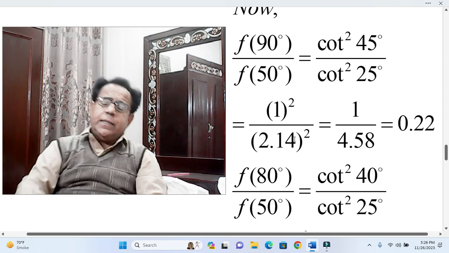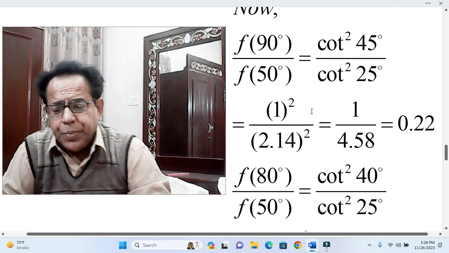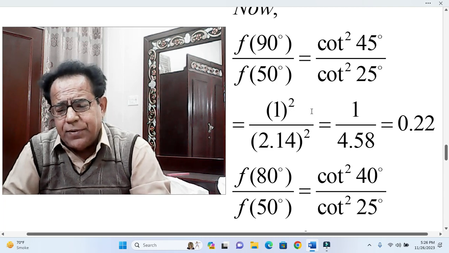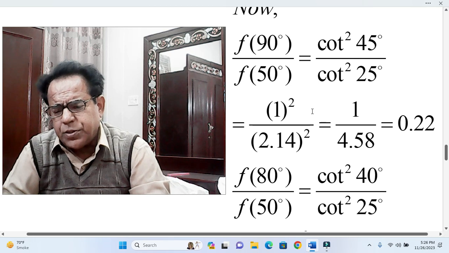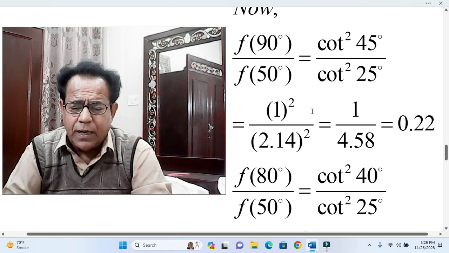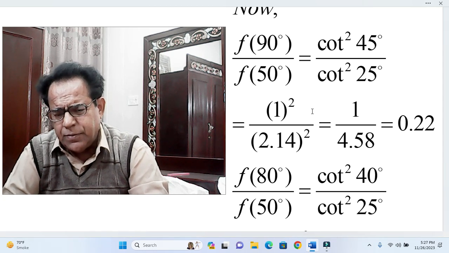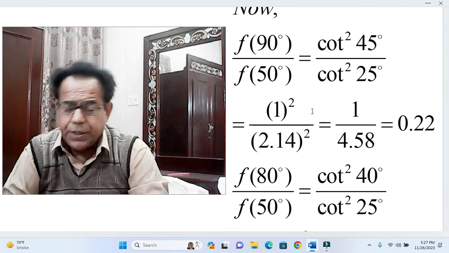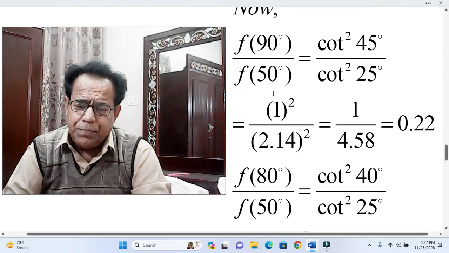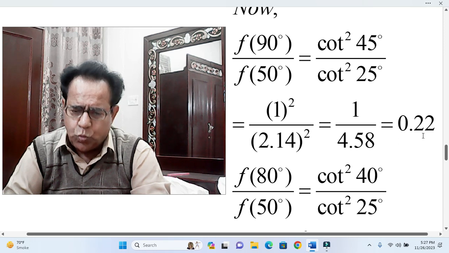I have taken these values from an online calculator; you may take these values from some other source, there may be a lot of sources, however I have used the most easily available option. So after simplifying, we get f90 over f50 equal to 0.22.